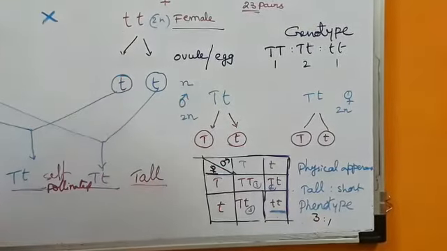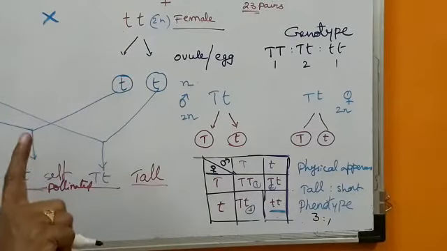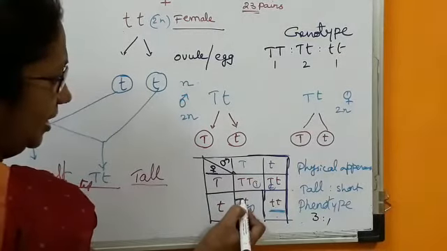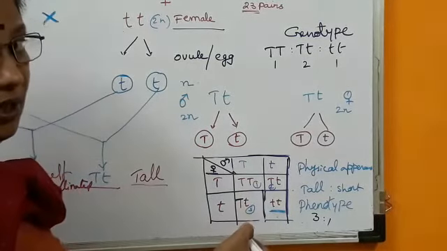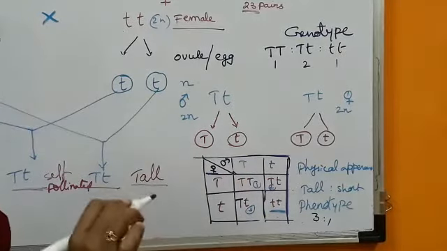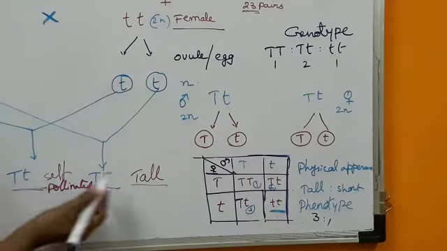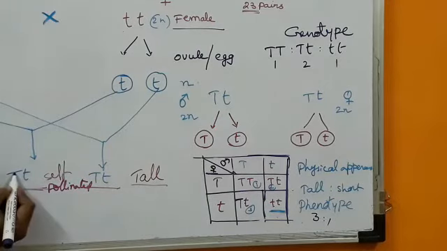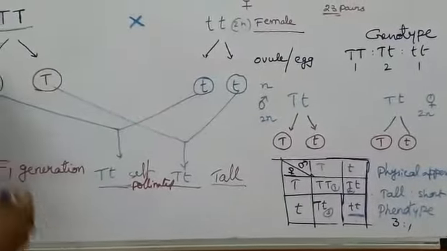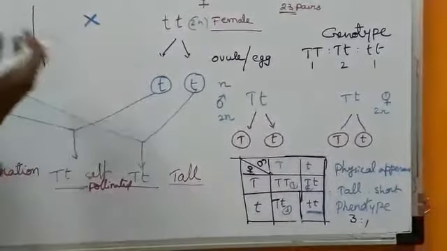Why did I mention 3:1 here? 3 are tall, only 1 is short. So why are 3 tall? Because the capital T is dominating the small t. So this is called law of dominance. Here also he got why this capital T small t became tall, because this capital T is dominating the small t. That's why only this capital T is shown, because when tallness is there, how will shortness be visible?